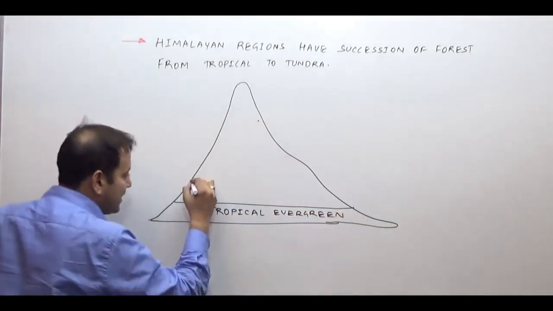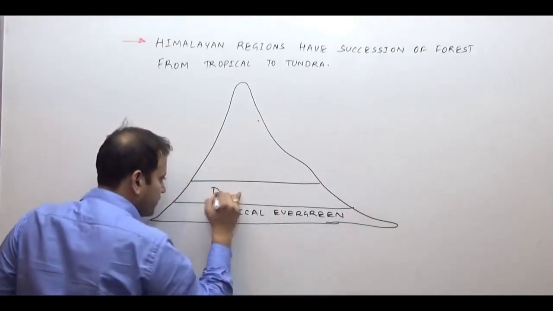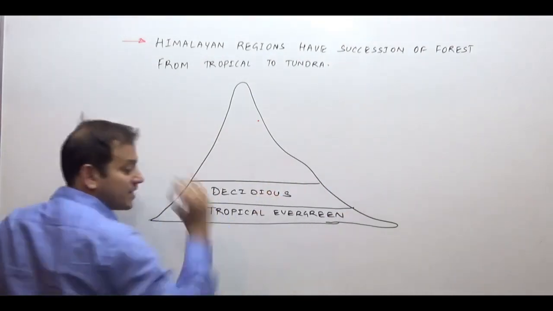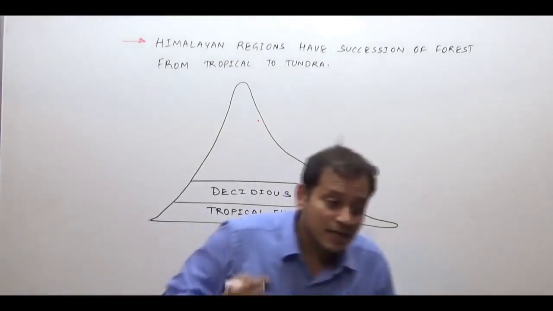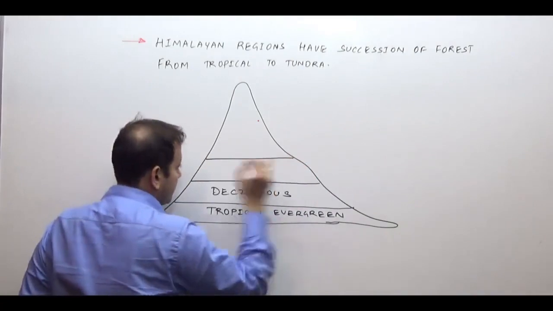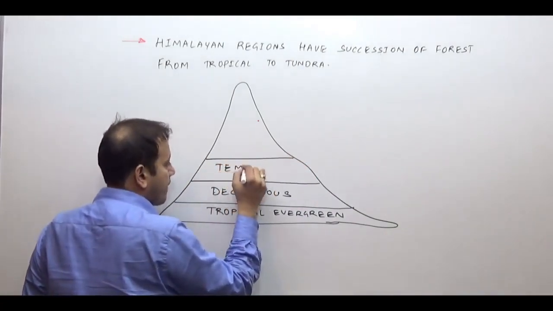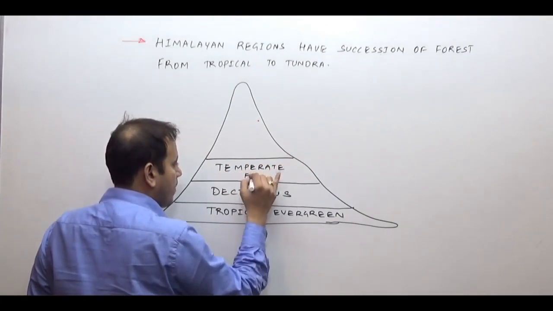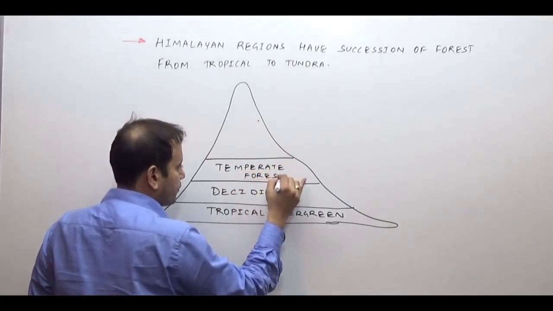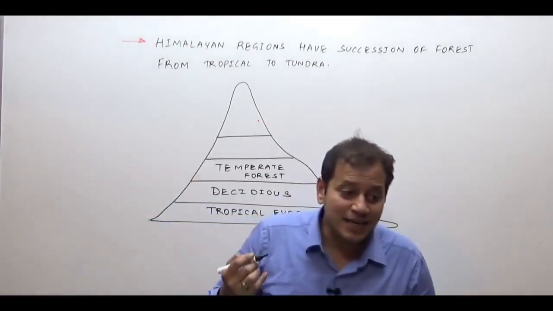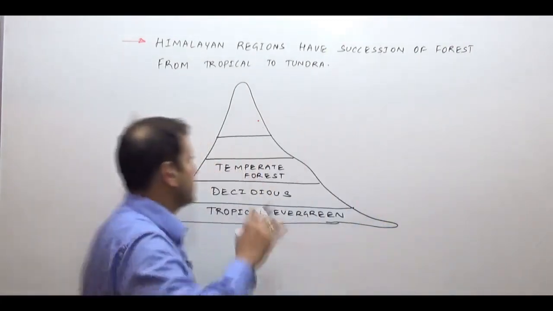Then there will be deciduous forest. After that, there will be temperate forest. After that, there will be alpine grasslands or alpine forest.